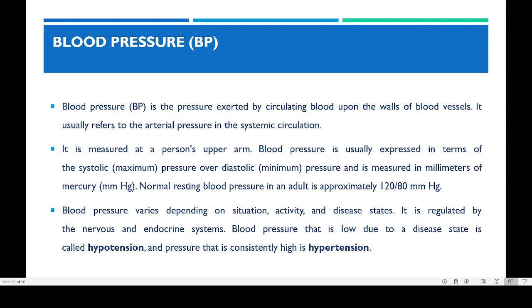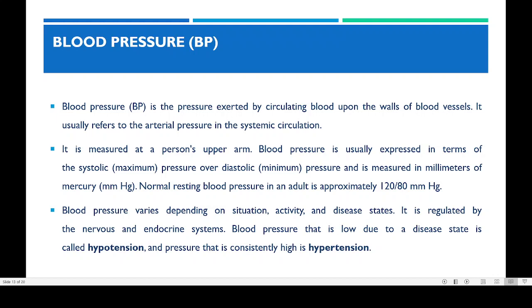Here you can see the heart slowly shrinking and the pressure inside the heart will be low. So that is how we express the blood pressure. During the contraction of the heart, it will be higher, and we call it systolic pressure or maximum pressure, and during the relaxation of the heart it will be lower, which we call diastolic pressure or minimum pressure.